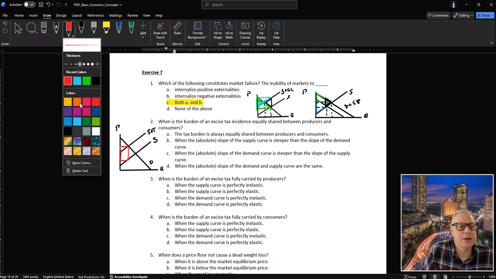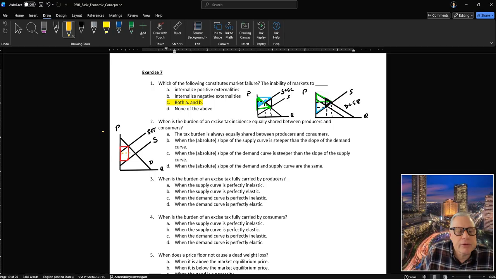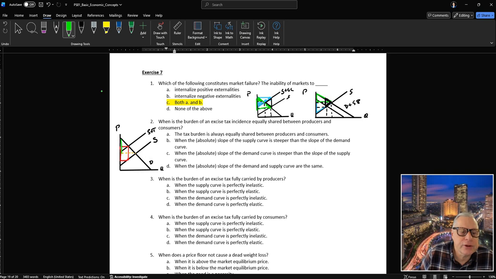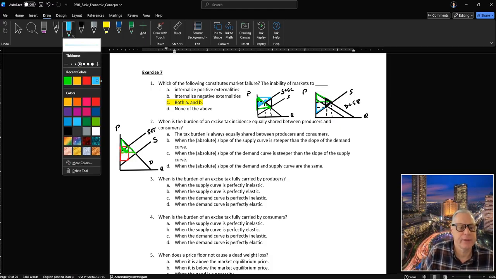But in the market equilibrium, we would have this one, and everything above would have been part of consumer surplus. So if you just draw it, that used to be consumer surplus in the market equilibrium, and you see this chunk used to be consumer surplus that is now becoming the tax.